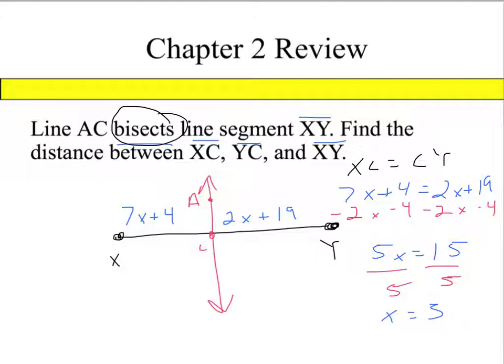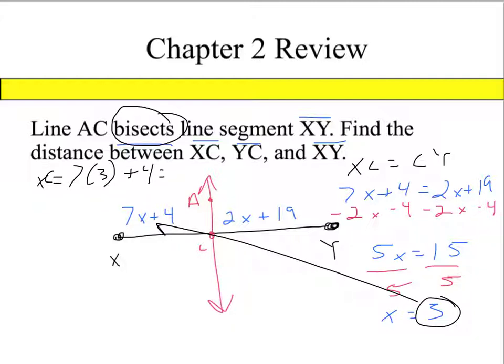So XC, we know, is 7x plus 4, not just x. I plug in this 3 for my x, and I get 7 times 3 plus 4, which is going to be 25. So I found XC.